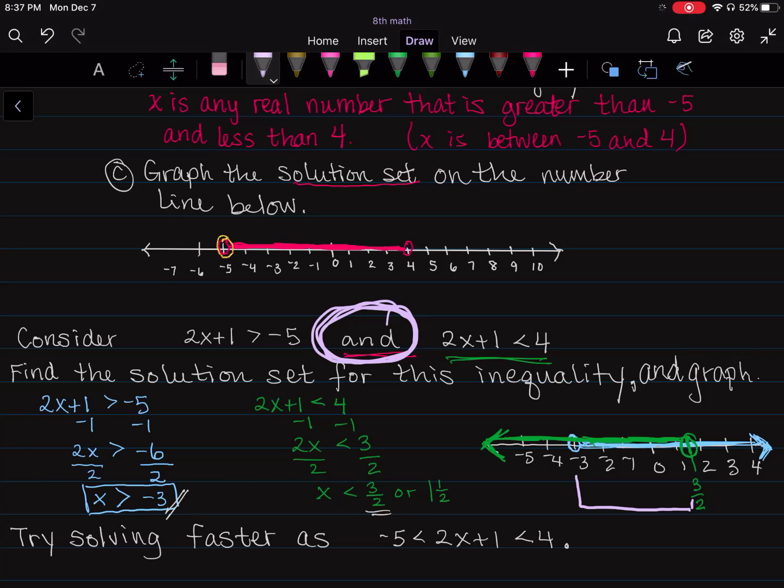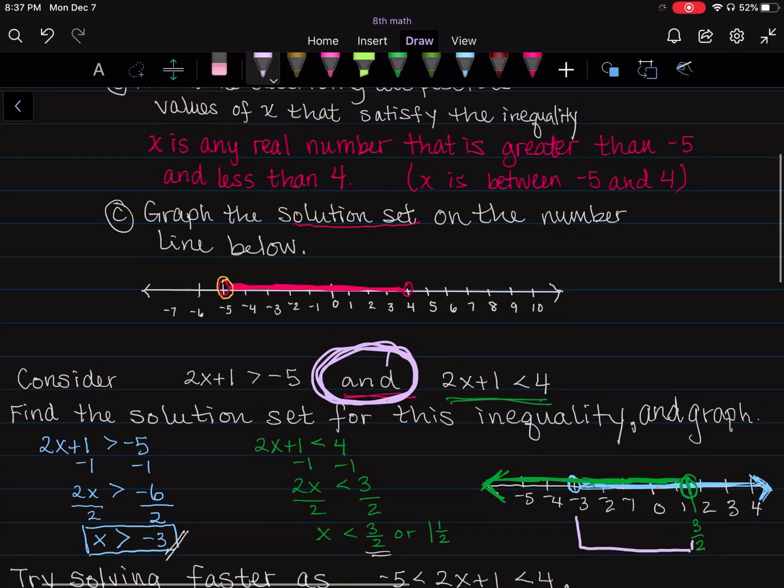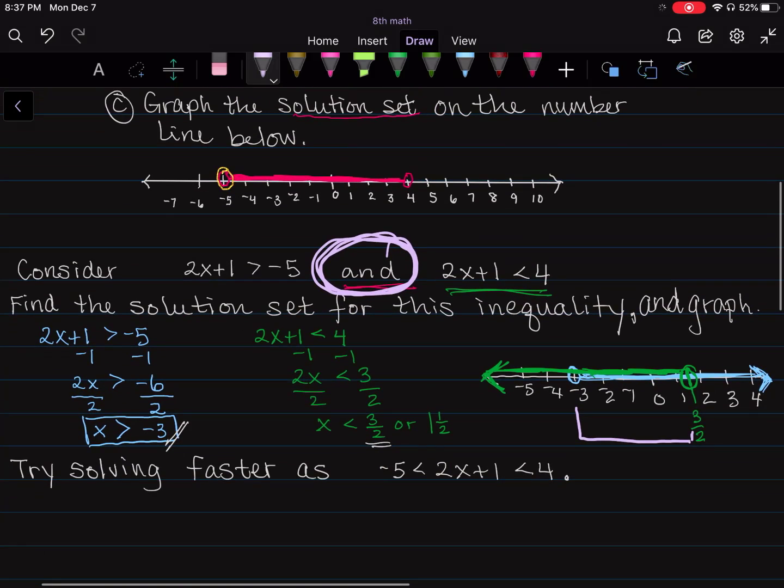And so I can write that solution as numbers between negative 3 and 3/2. So my solution set will be negative 3 is less than x, which is less than 3/2, because I want numbers that are bigger than negative 3 and less than 3/2.